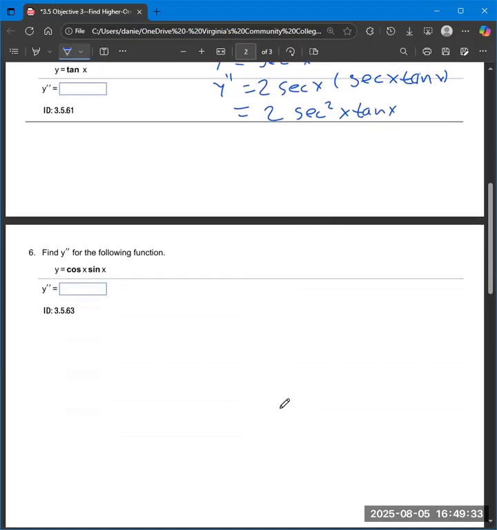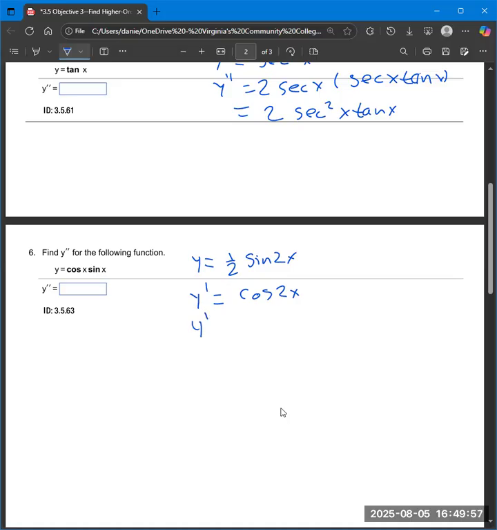I'm just going to go ahead and make this into one half sine 2x because it is. And then the first derivative is going to be cosine of 2x.